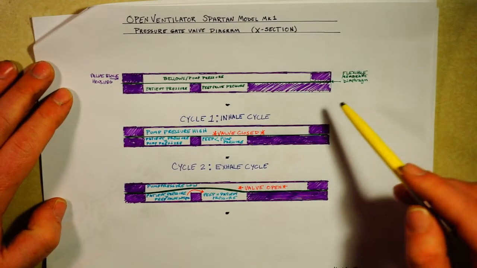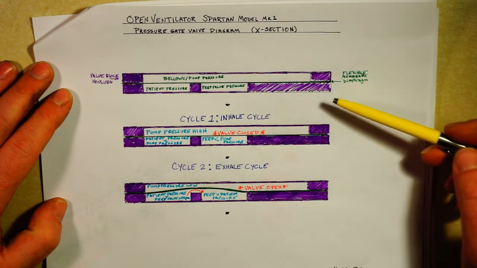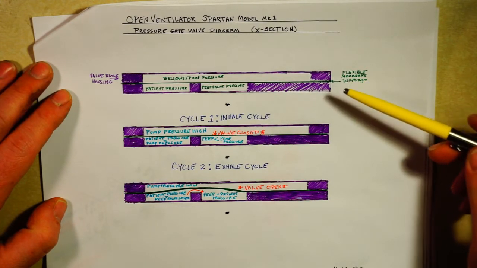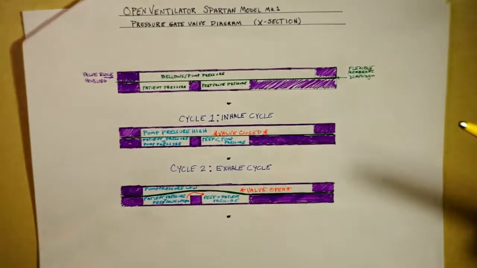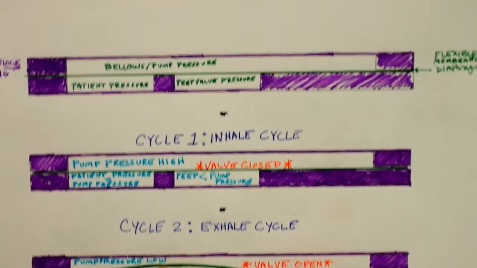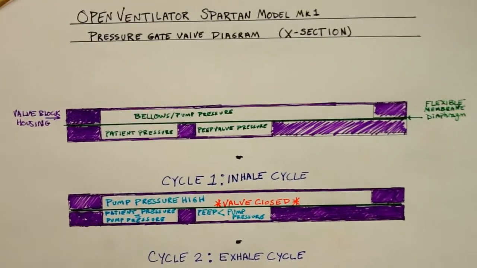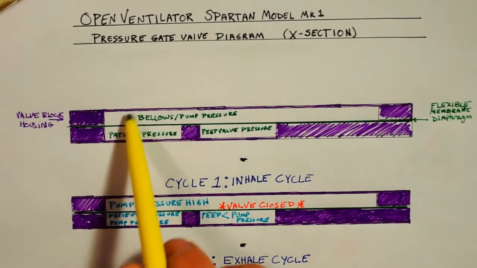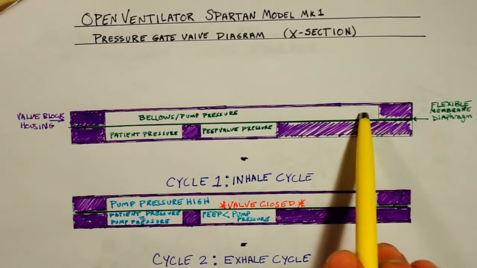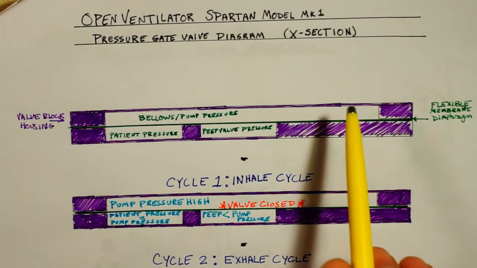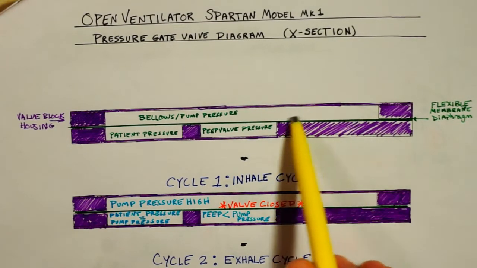Okay, so now this is a cross-section of just the portion of the compound valve block that includes the pressure gate valve. Let's take a look at it in steady state up close. What we have right here is this upper chamber, which is connected to the bellows. Again, it has no flow through it, but it reflects the pressure inside the bellows.